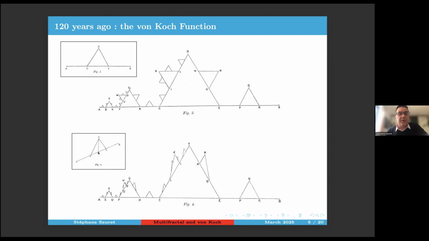He takes a segment, and instead of adding an equilateral triangle, he raises a triangle whose height is MD, and he chose this length MD to be the same as the one he used for the snowflake. Then he iterates the process.